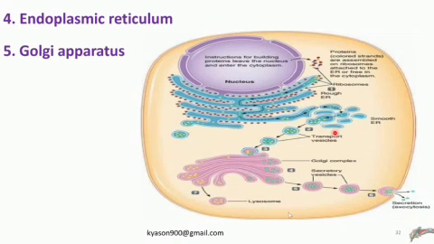Okay. So I was saying that the smooth endoplasmic reticulum will help in the production of lipid components in your cells like cholesterol and phospholipids. And I explained that cholesterol is very important because it's going to be used to build cell membranes. Phospholipids are also part of cell membranes.